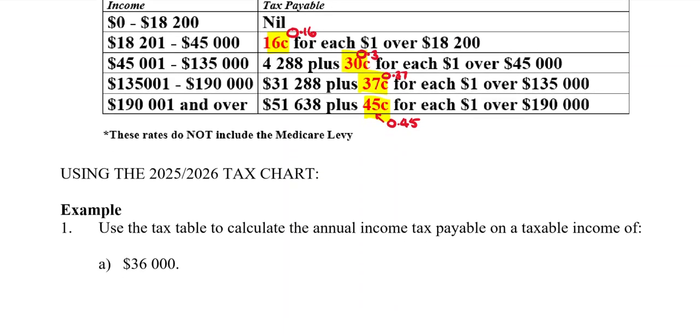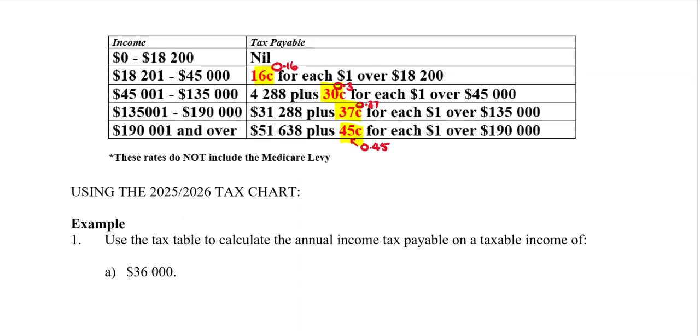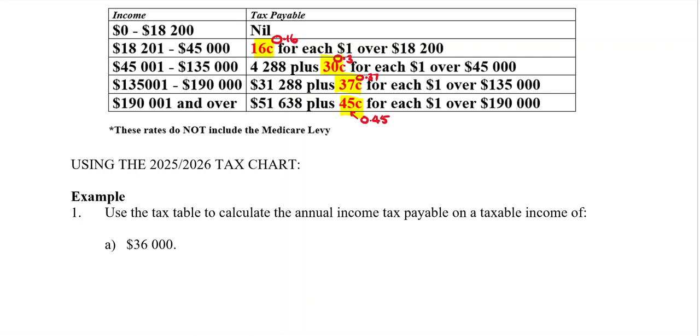So you're going to have questions like this one here in question 1. It says, use the tax table to calculate the annual income tax payable on a taxable income of $36,000. So $36,000 is between 18,201 and 45, which means that this line, that is the tax bracket that we are working with.